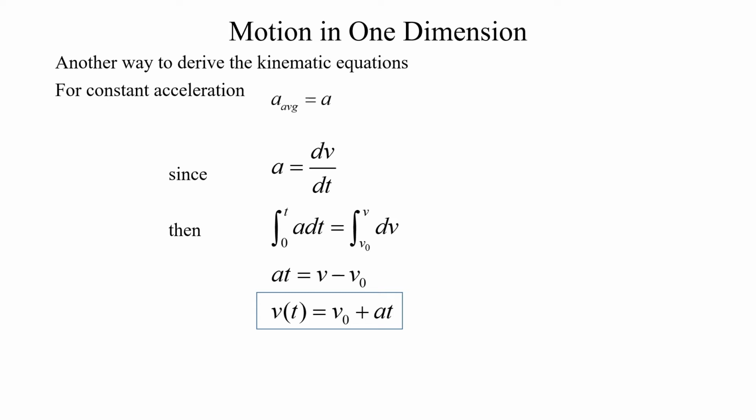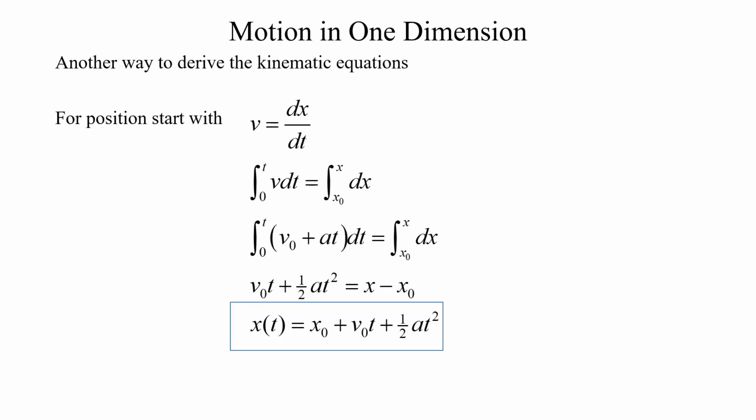So we just start with the acceleration is a constant a, and we know that's dv dt, and then we integrate that from 0 to t, and v naught to some later time velocity v, and we get our velocity as a function of time. All right, knowing that velocity is the derivative of position with respect to time, or dx dt, now we can integrate the velocity.